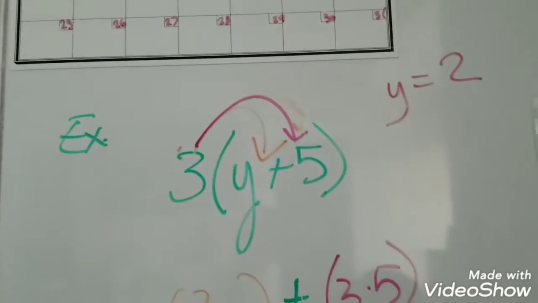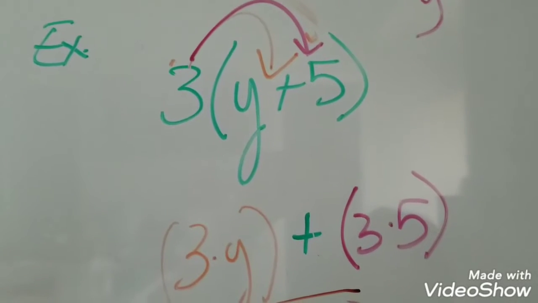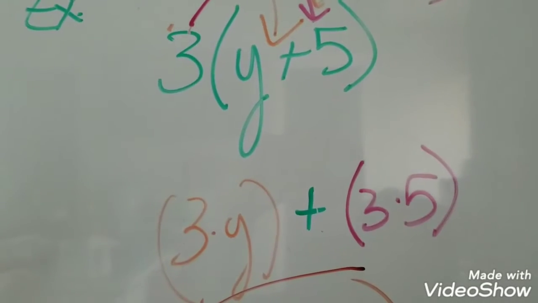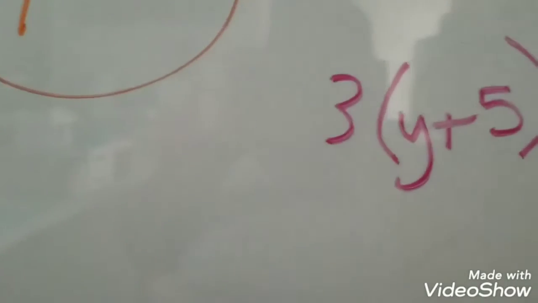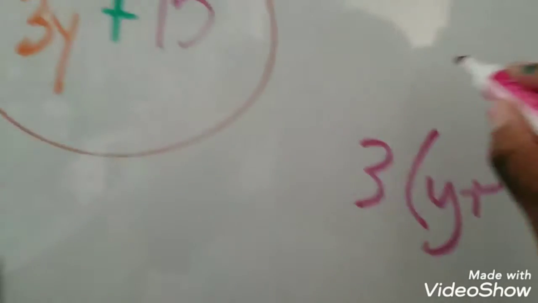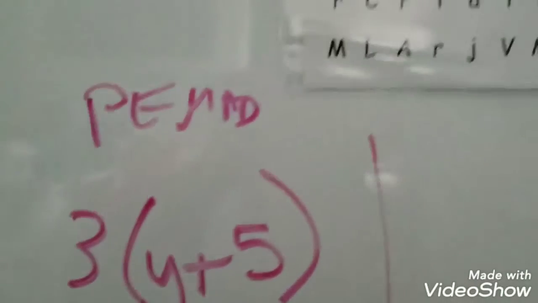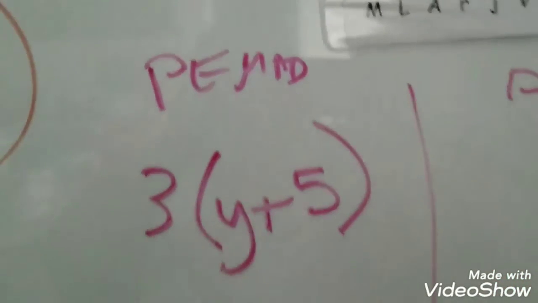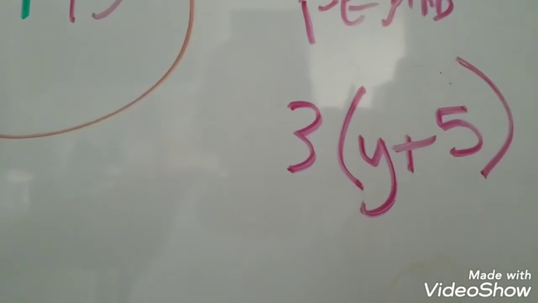Can you help me with that? How would I solve that using PEMDAS? Let me rewrite the problem. 3y plus 5, and we know y equals 2. So what would I do using PEMDAS? I want you to use PEMDAS, and this one you're going to use the distributive property. What would I do with PEMDAS? Y equals 2.